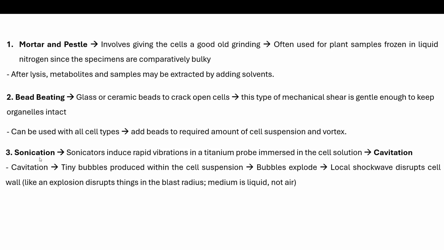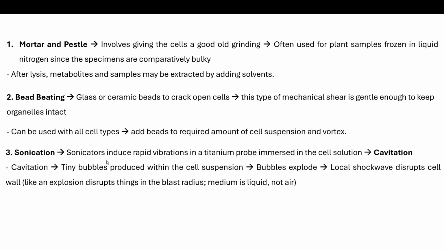Then there's sonication. This is the most commonly used lysis method, ideally for protein purification, sonication is definitely used. After mechanically lysing the cells or resuspending the cells in a lysis buffer, sonication is definitely the go-to method.